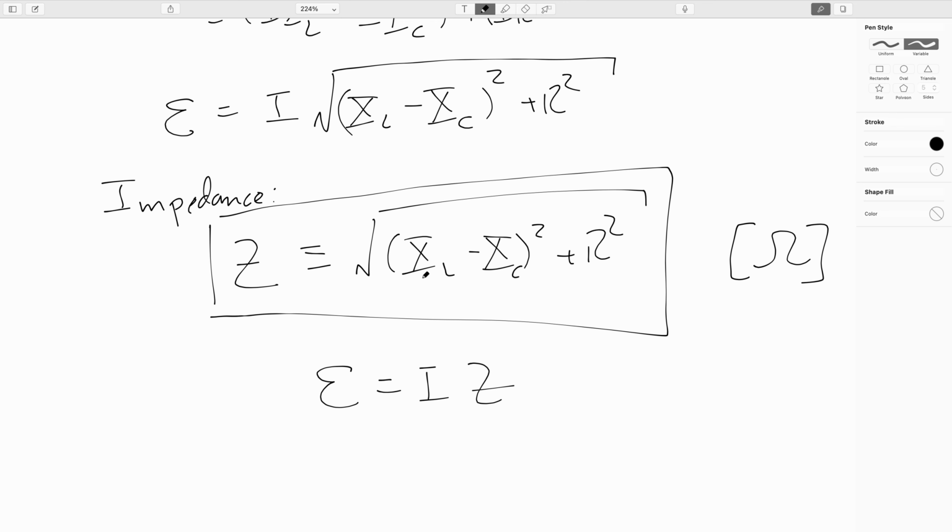If we have the inductive and capacitive reactances mismatched, this is going to increase the impedance, which is going to decrease the current for a given EMF. So that just literally means fewer customers that they can supply.